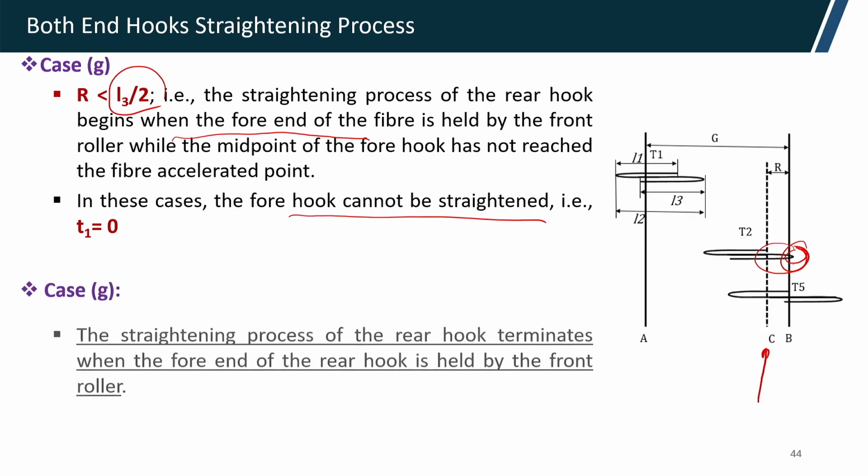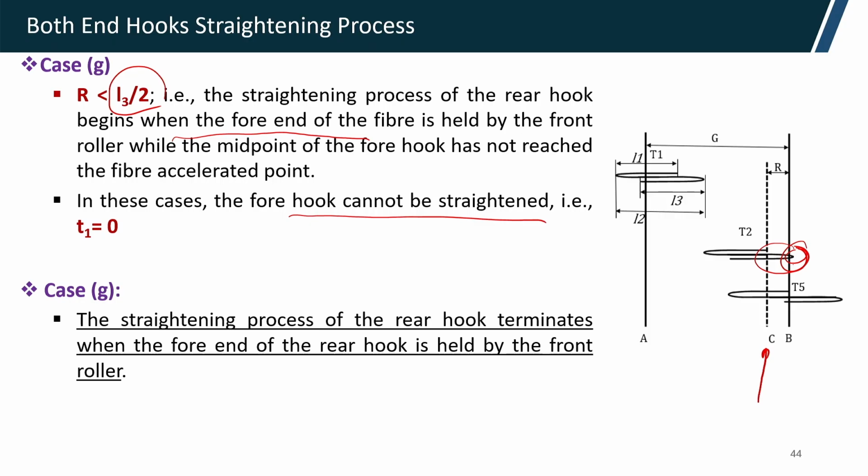So, case G, the straightening process of the rear hook terminates when the fore end of the rear hook is held by the front roller nip.